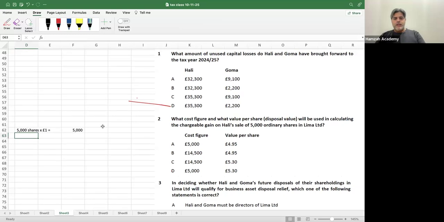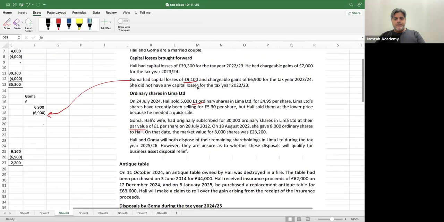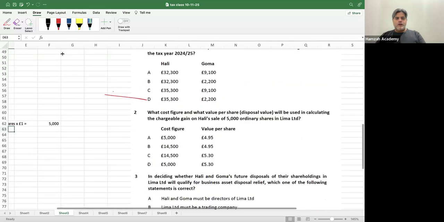So the cost is 5,000, and then they have sold the shares for 4.95. So the cost figure is going to be 5,000 and the disposal value per share is going to be 4.95.